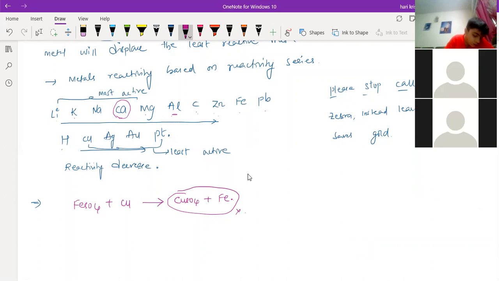Sir, because iron is more reactive than copper. But sir, copper cannot displace the iron from the ferrous sulfate. Very good.